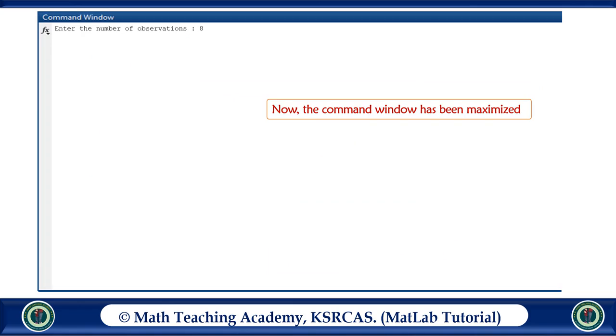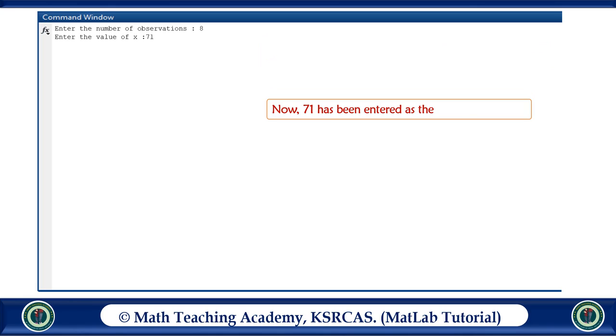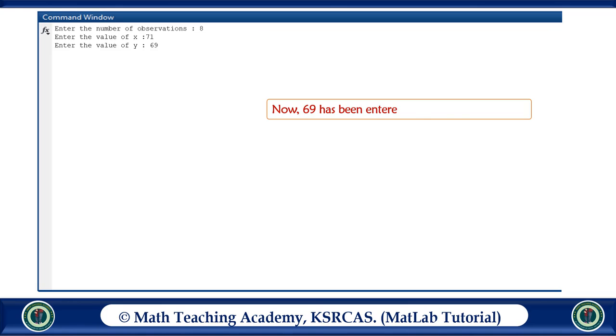Now the command window has been maximized. Now press enter, then it will ask you to enter the value of x. Now 71 has been entered as the value. Then press enter, it will ask you to enter the value of y. Now 69 has been entered as the value of y.